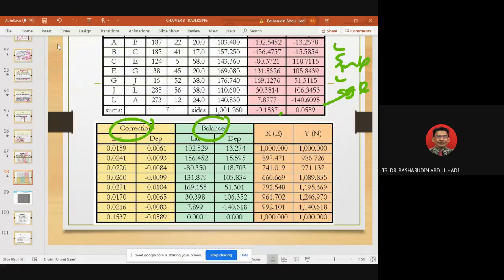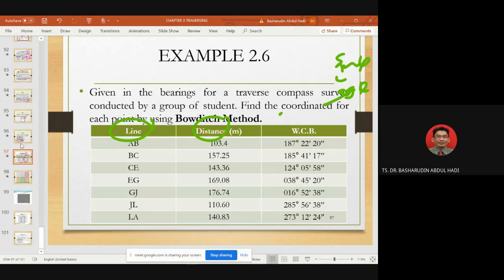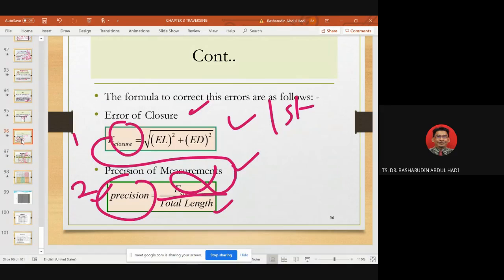You can see this in the notes here on top. How we calculate the closure, how we calculate the precision.